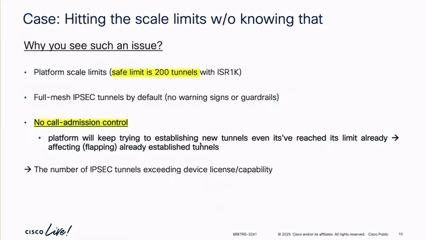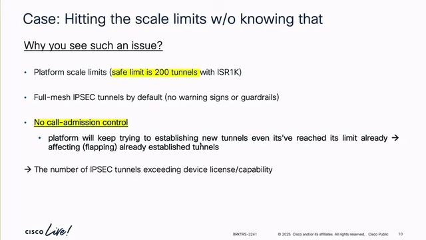Okay, so the actual cause was a scale limit. And you can easily tell that from the title itself. Because we were using low-end devices, and those low-end devices have a hard limit on the number of tunnels that can be established at the same time.